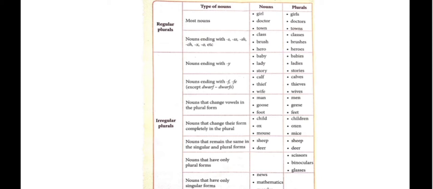Irregular plurals are nouns ending with y, nouns ending with f or fe, or nouns where the word itself changes, like man and men, or nouns that completely change their form into plural. I want everyone to have a look at this box, and this will help you a lot. Okay, now let's start.